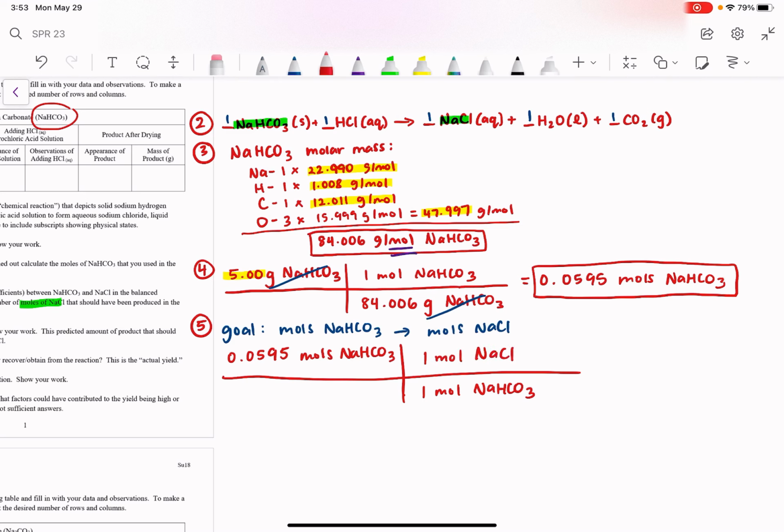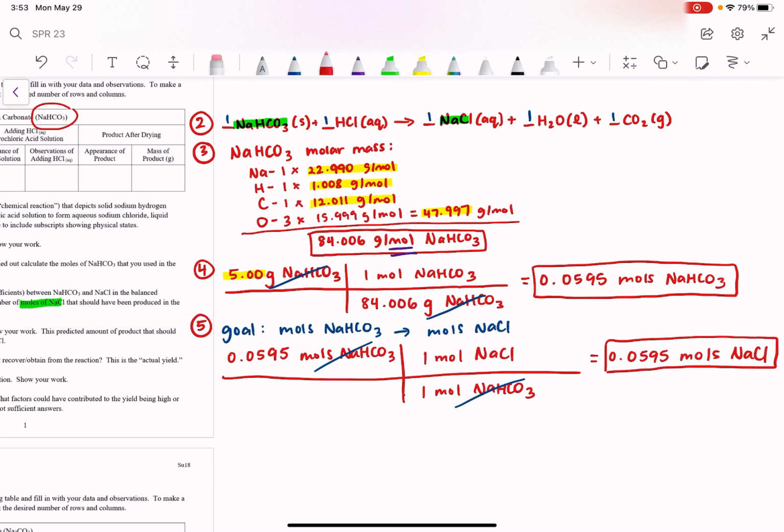So it's just a 1-to-1 ratio, and we don't have any math to do here because this is going to cancel out. Because it's a 1-to-1 ratio, that's basically like multiplying this number by 1 and dividing by 1, which gives me back the same number. It feels like we're doing something wrong, but we're not. Moles NaCl.